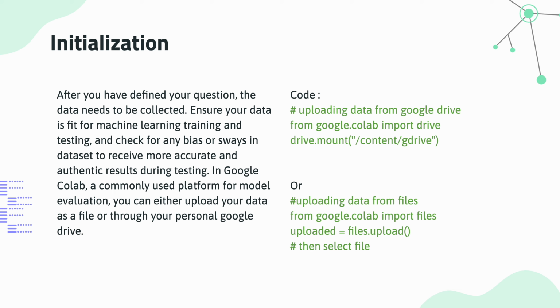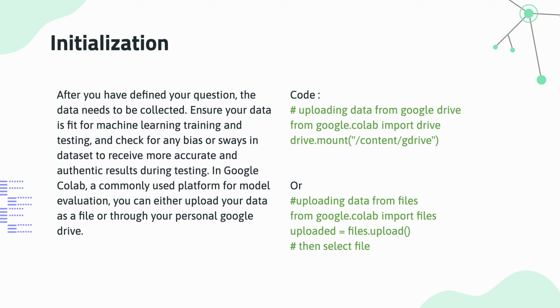So you can upload from google.colab, import drive, and then drive.mount, and then have your content/gdrive. You're basically going to want to put your data, whether it's in Excel or Numbers, somewhere stored in your Google Drive, and then you can just call upon it using your Files tab.